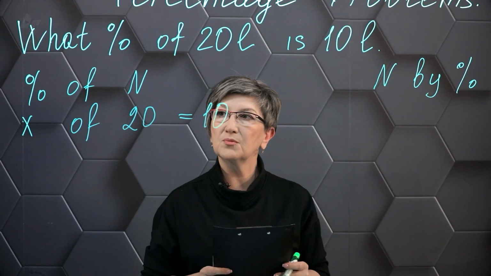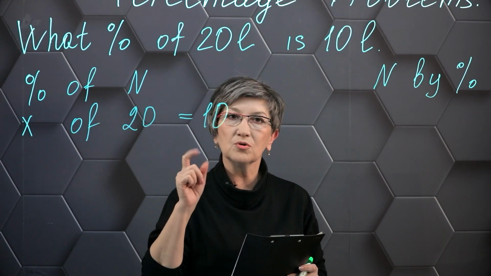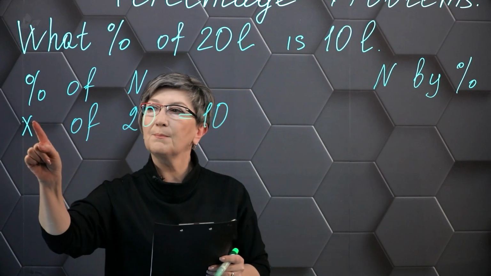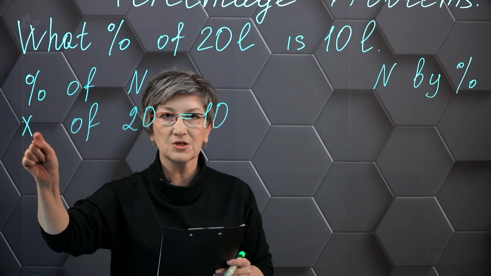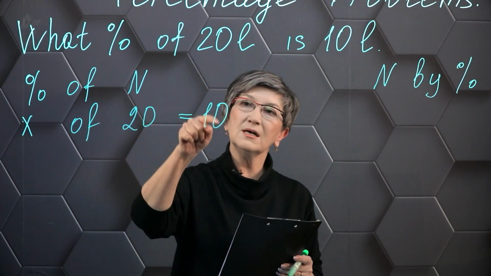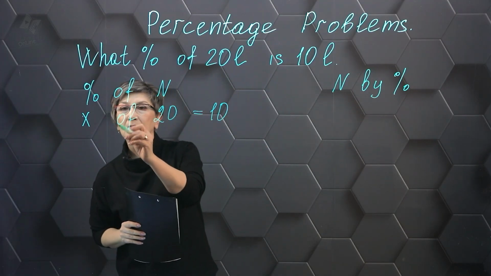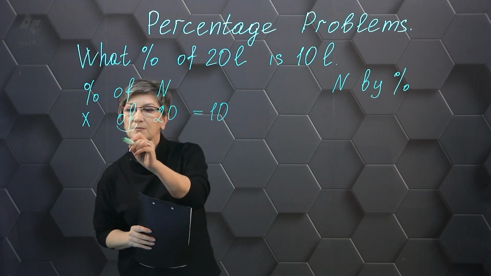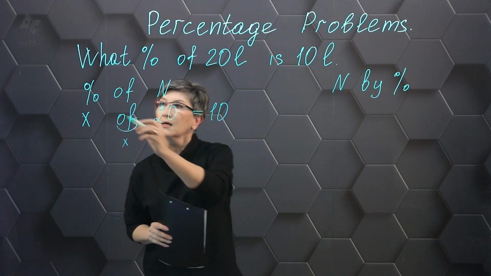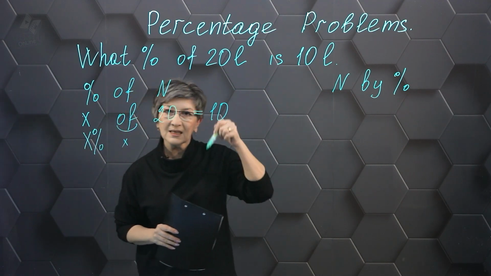And now let's remember how we solve such problems. The point is that if I found the percentage of the number, and pay attention, this percentage is denoted by X, then as a result I got the number. So what did we do? The key thing was that in this case we multiplied. So if the X percent we needed to find, we multiplied by our number.